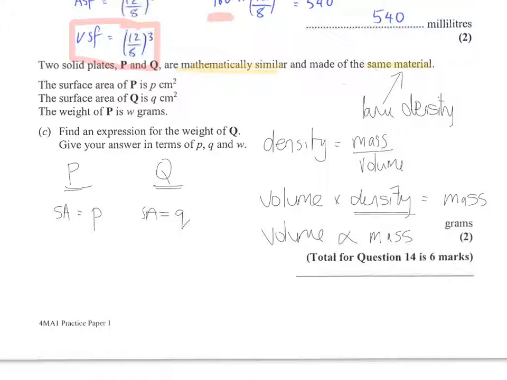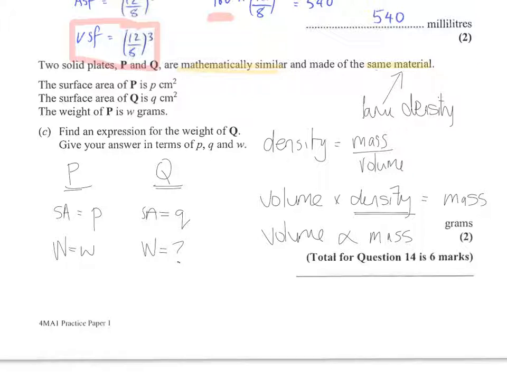Now, we also know the weight of P, which equals W grams. That should actually be mass in the question, but never mind. And we want to find the weight of Q.